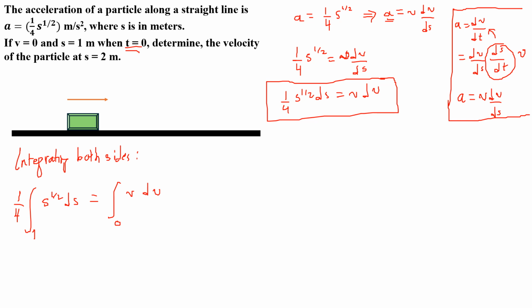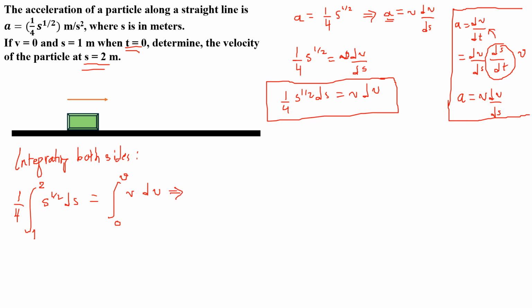Since I'm expecting v to be a numerical value, I just put v, so it's from 0 to v. And on this side for s, I can immediately put 2. Why 2? Because we are trying to find the velocity at the position of 2 meters.